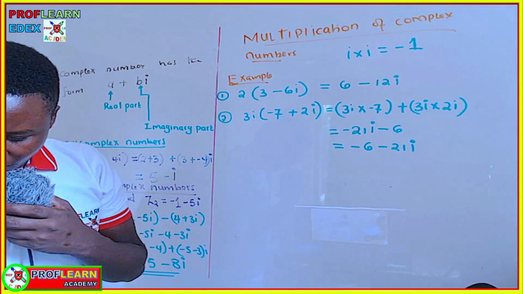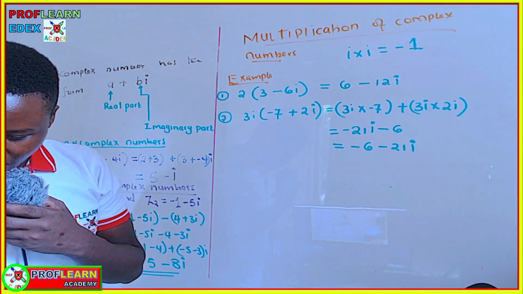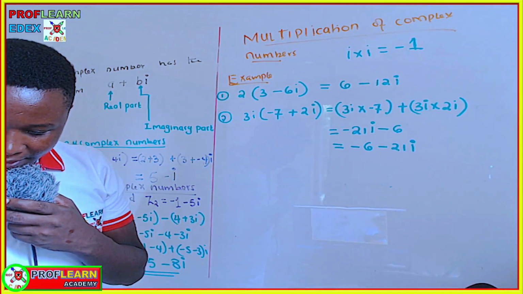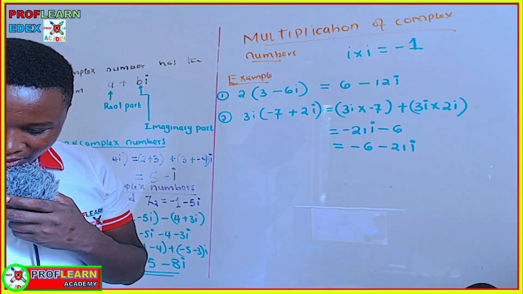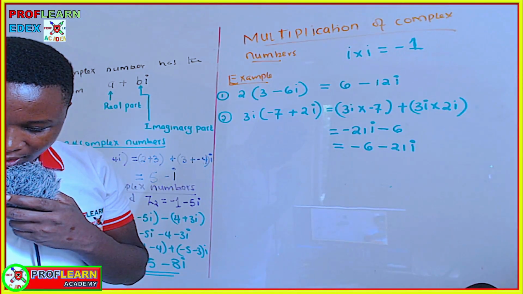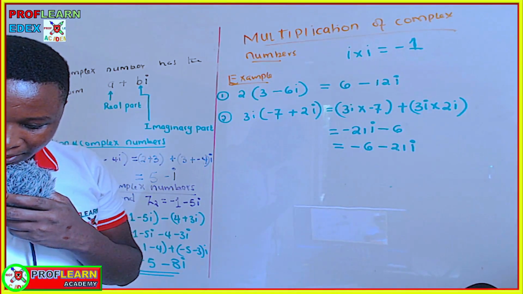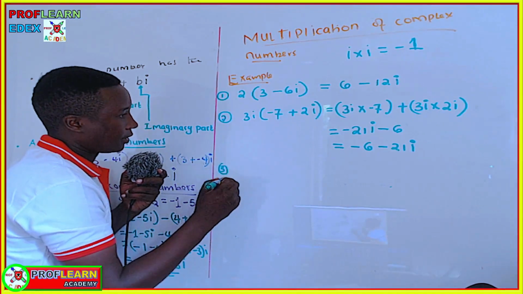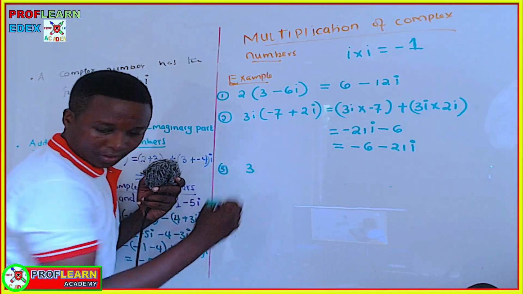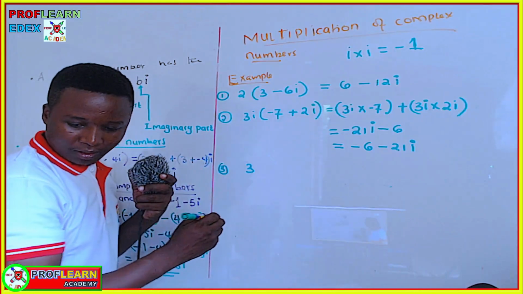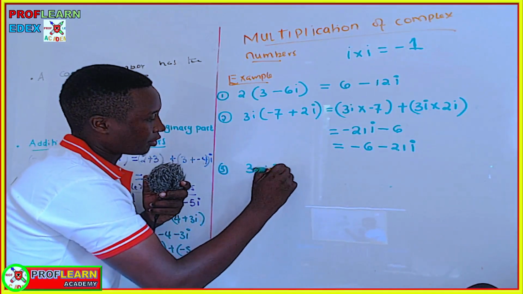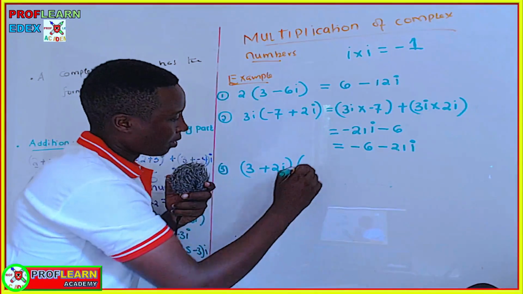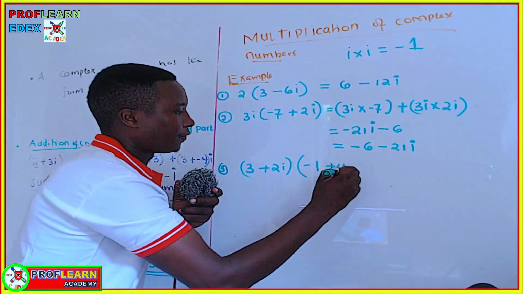Once we have worked that out, I want us to change gear and look at another question where we are supposed to do the multiplication. Here we have (3 plus 2i) times (minus 1 plus 4i).